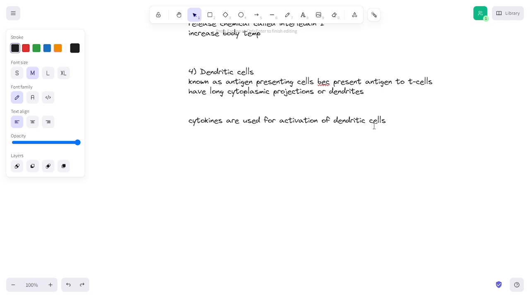They perform their function by presenting antigens to T cells, which means activating the T cells, and then T cells work as immune cells, protecting our body from pathogens and foreign particles. So this was all for today.